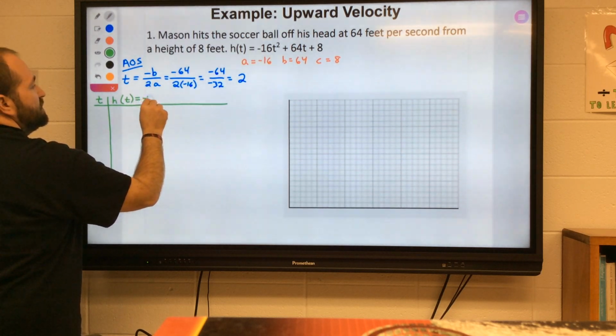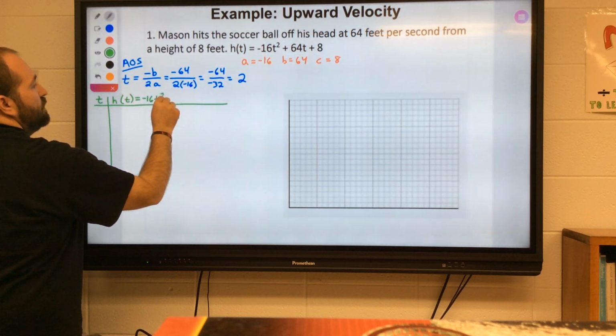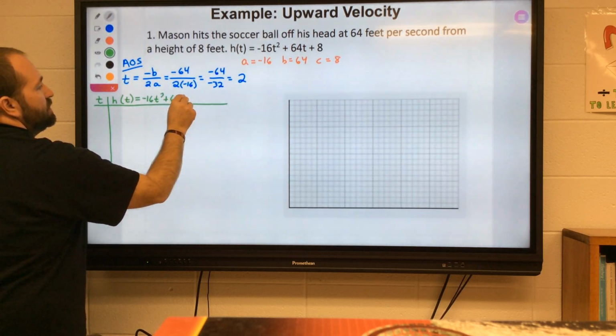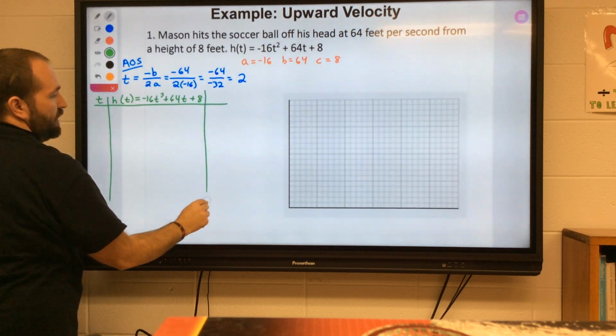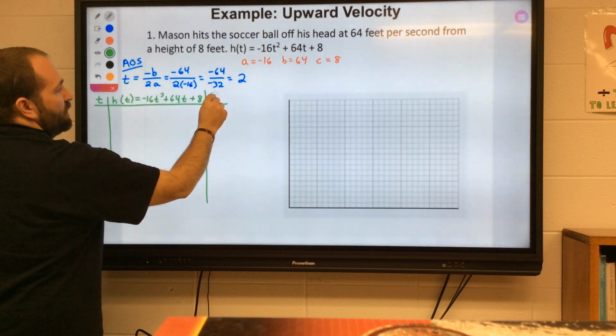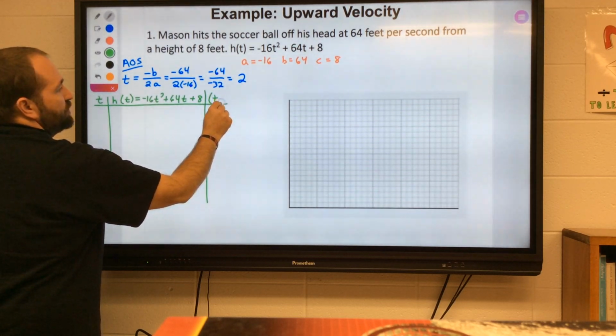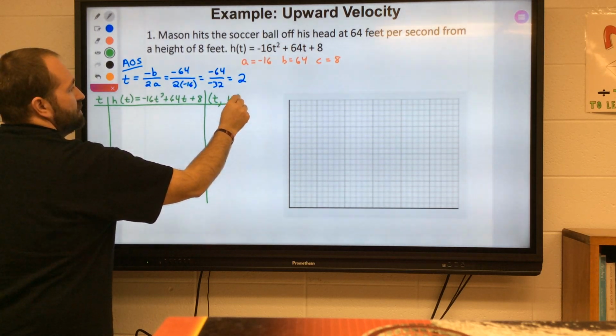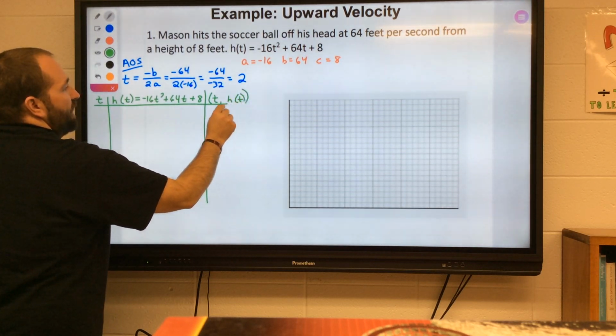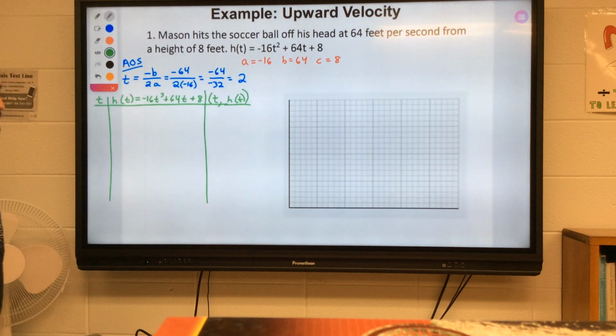So this is negative 16t squared plus 64t plus 8. And at the end here, this is going to be the ordered pair. This is t, which is what you're plugging in, comma h of t, which is the value in which we get back out.